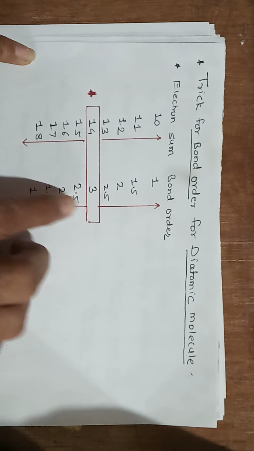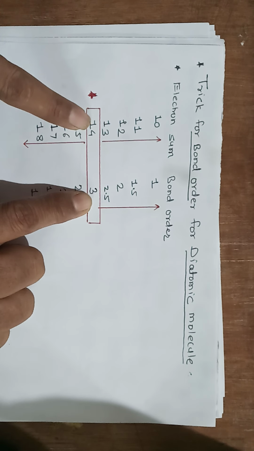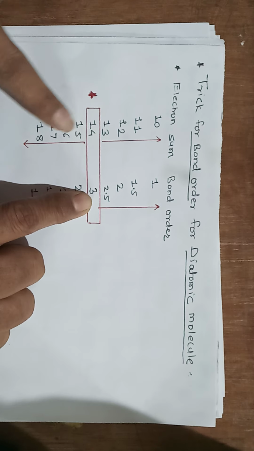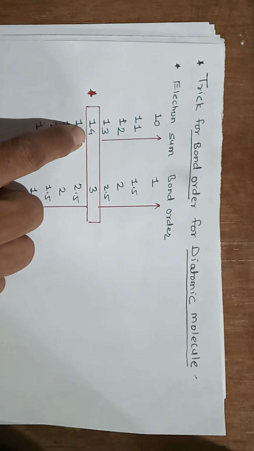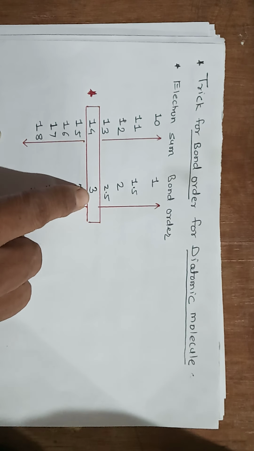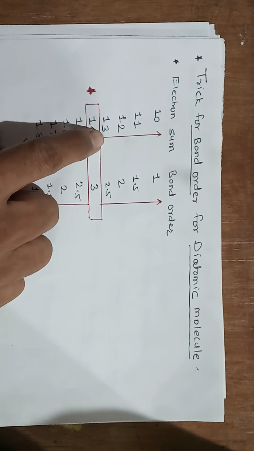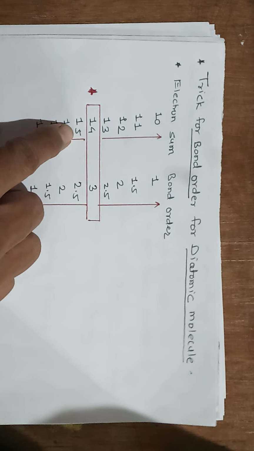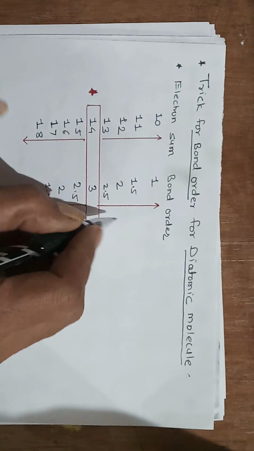If the electron sum is 1 less or 1 more than 14, that is 13 or 15, the bond order is 2.5. Bond order for electron sum 14 is 3. If the electron sum is 13, which is minus 1, or plus 1, that is 15, they have the same bond order, 2.5.